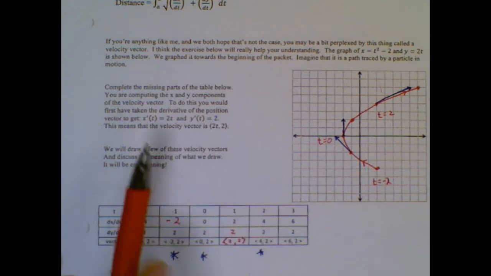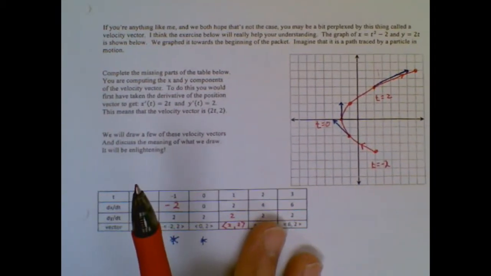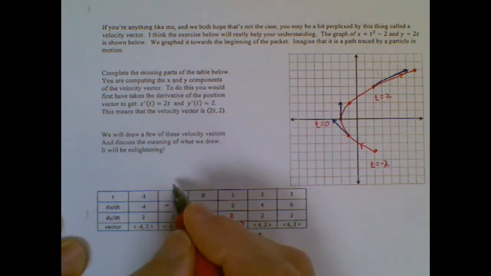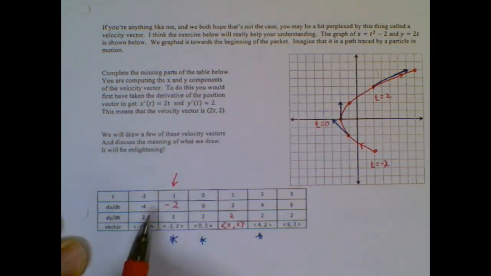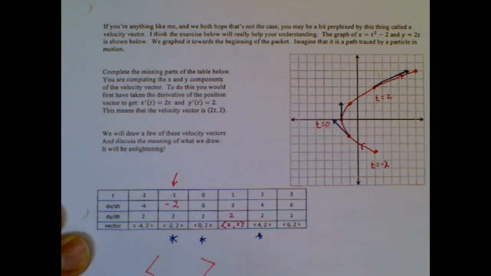This part down here, which is at the bottom of the first page of the motion part, it's basically giving you a more visual look at the vectors. So I'm just going to highlight one vector location. At t equals -1, these notes lead you to figure out a dx dt and a dy dt. So dx dt and dy dt are the velocity portions of the vector.